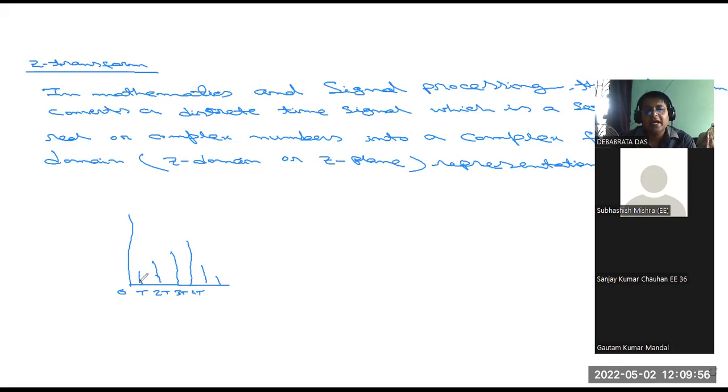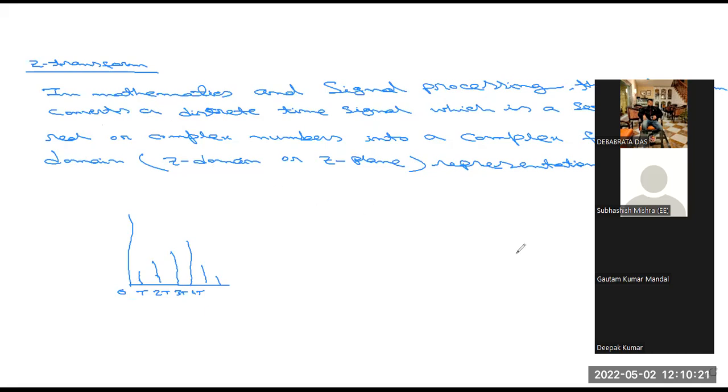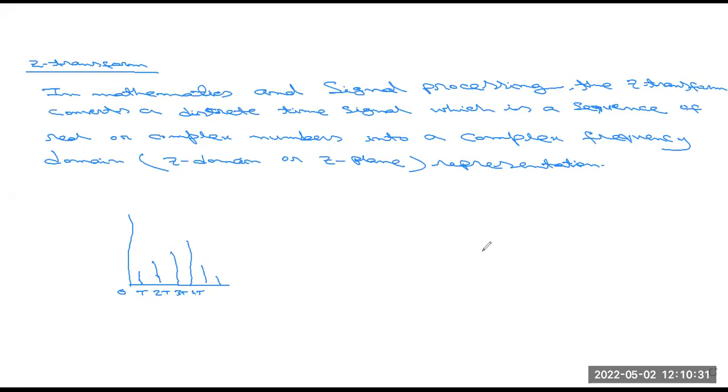So this is the timing gap, and it is the same timing gap throughout. Using this sampling period, we convert the discrete time signals into a sequence of real part and complex part. This is basically called the jet transform. Is it okay, all of you? Please respond, anyone, is it okay or not? Yes, sir. Okay, thank you.